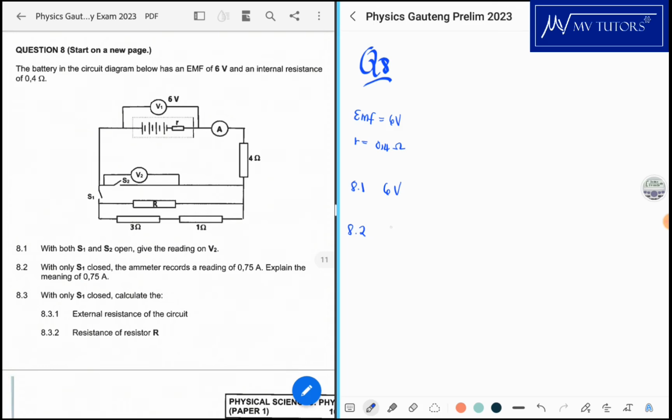Well, if you think about it, current I is equal to Q over T. So basically when a charge of 0.75 coulomb travels in the circuit in 1 second, that is what 0.75 amperes means. Or you could say we have 0.75 coulomb per unit time.